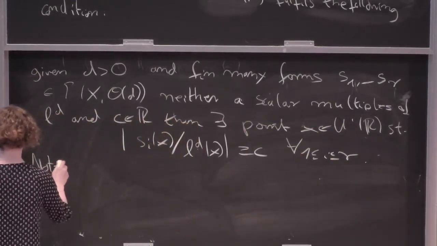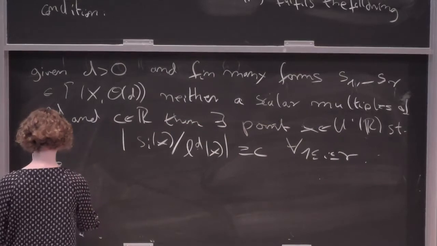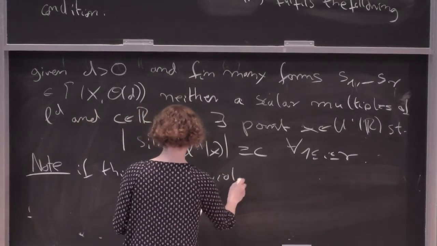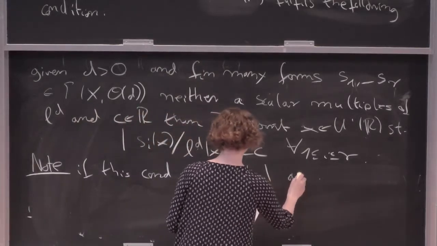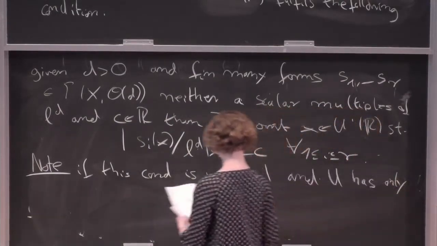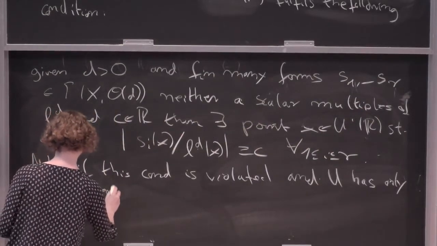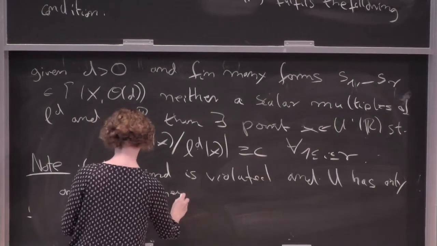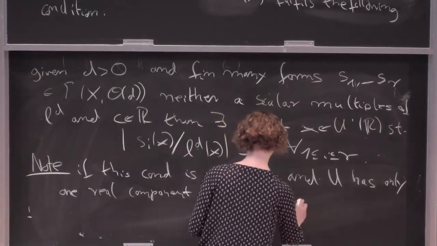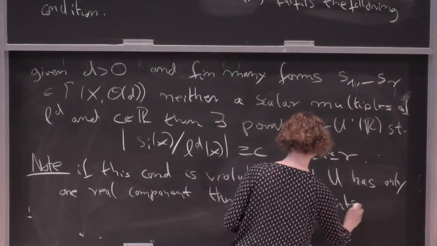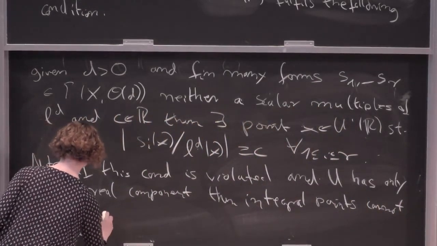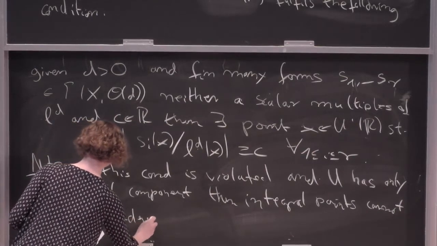In a way, this is a very reasonable assumption, since if this condition is violated, then one can show that, at least in the situation that U has only one real component, then integral points cannot be Zariski dense in U.